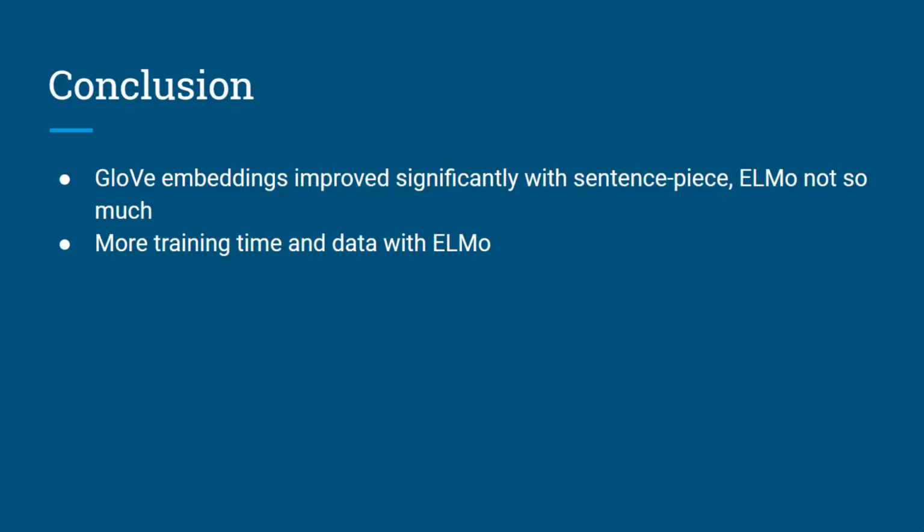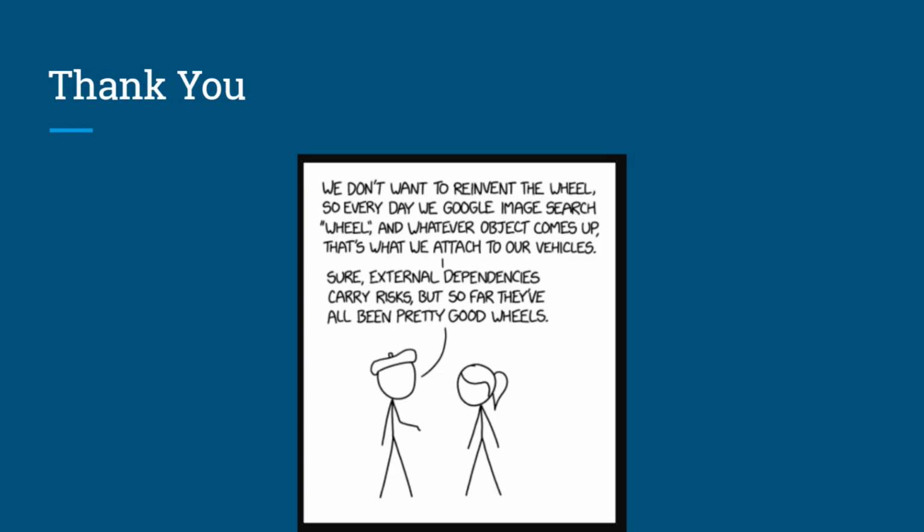In conclusion, we could use GloVe embeddings and SentencePiece, and further development could be used to help people correct grammatical errors in English. ELMo, not so much, but with more training and data, we could learn if SentencePiece makes a difference in that. And that's my presentation.